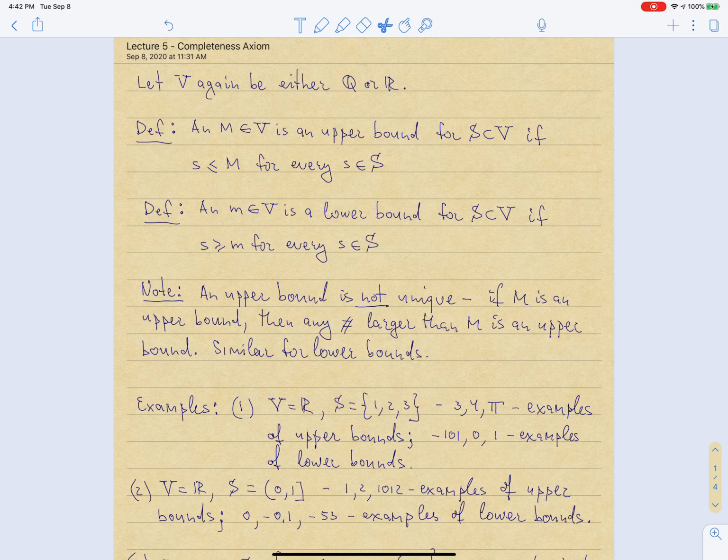If we include those, then we saw that those holes are going to be removed.